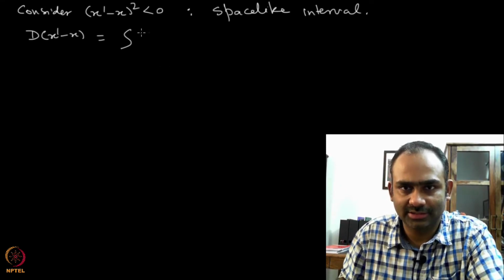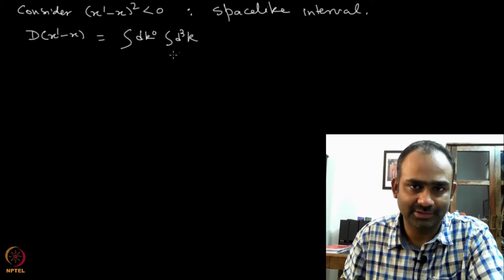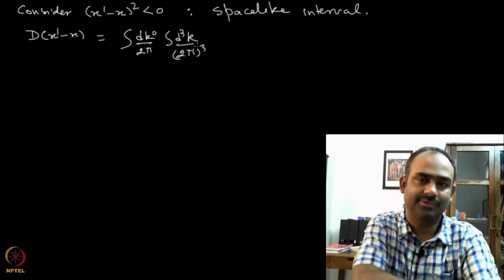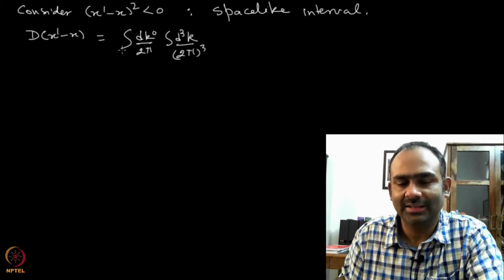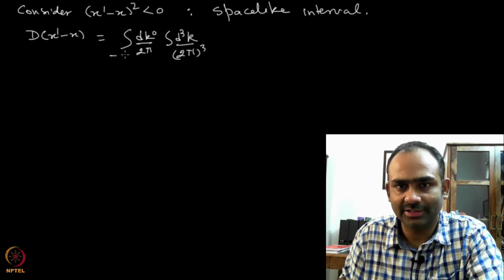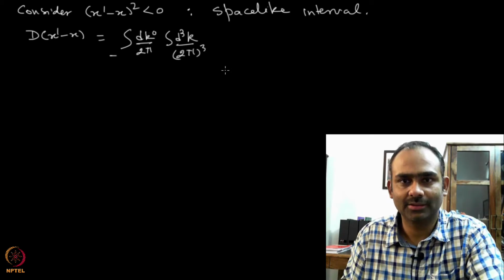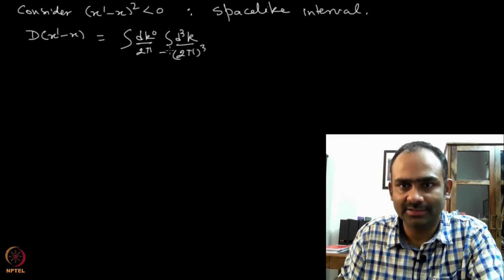Let me write dk0 d^3k, that's our d^4k, and I am splitting the factors of 2 pi like this, and the integration limits are from minus infinity to plus infinity, in both the cases.